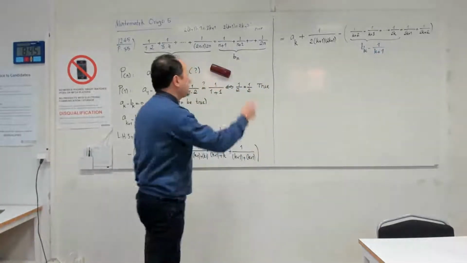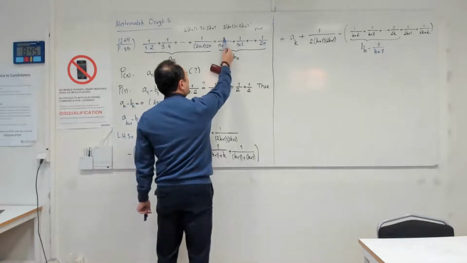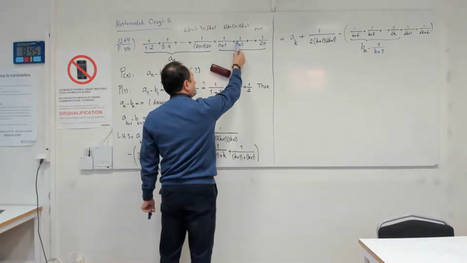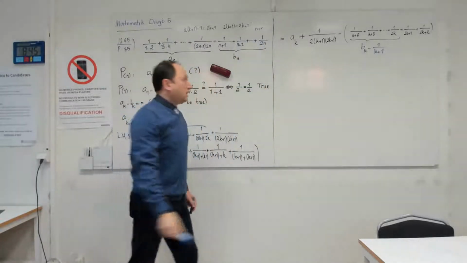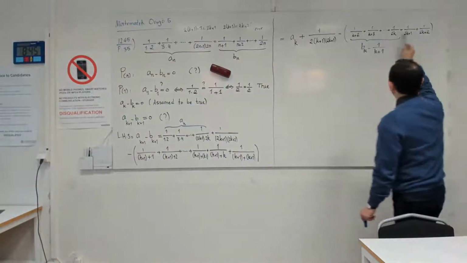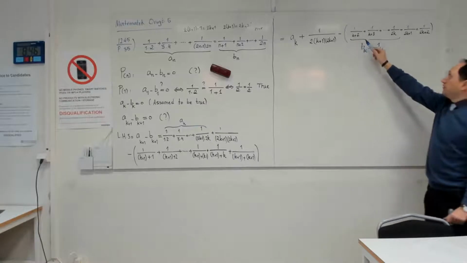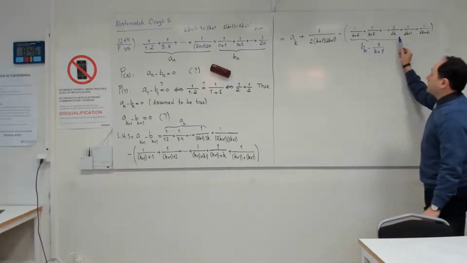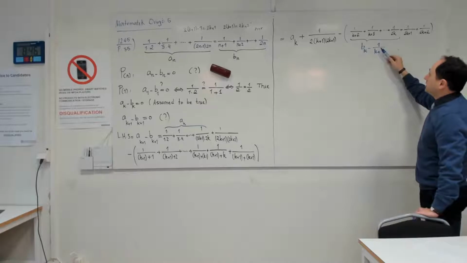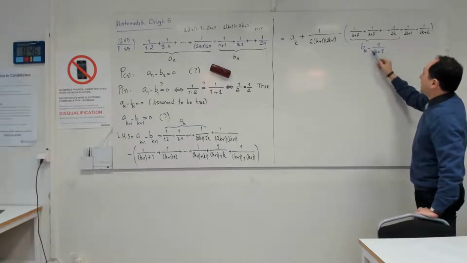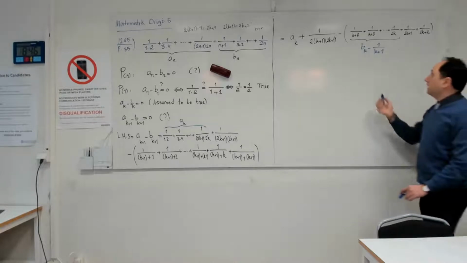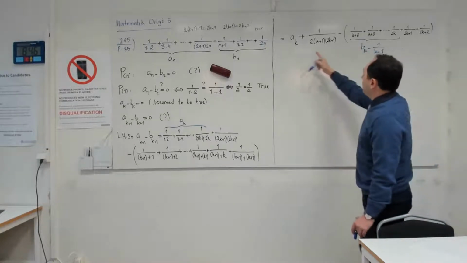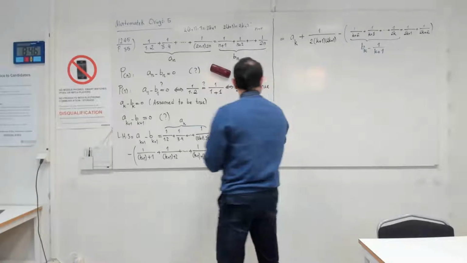So you see, if I ask you what is b_k, you would write 1 over k plus 1 and then 1 over k plus 2 until you reach 1 over 2k. I have all those terms here except the very first one. So if I say this is b_k, you will not accept it from me because there is one term missing. But if I say this is the whole b_k minus the first term, then that's okay. Is that understandable? Okay, now this is good because now I can somehow use mathematical induction, the hypothesis.